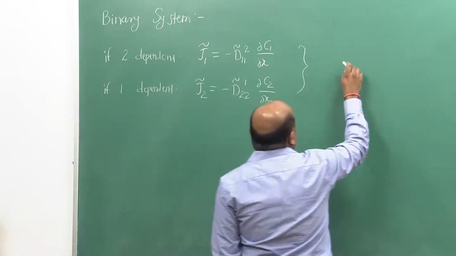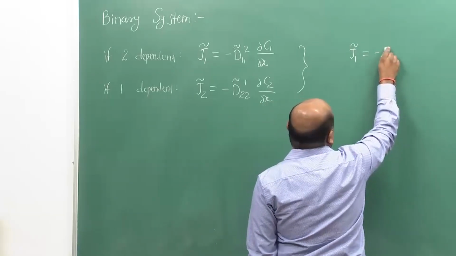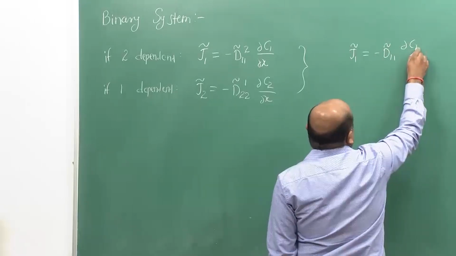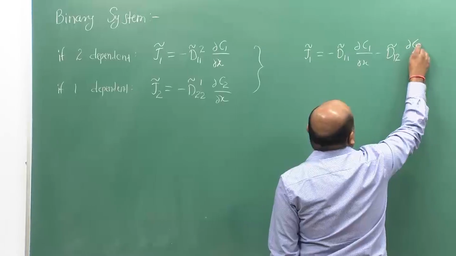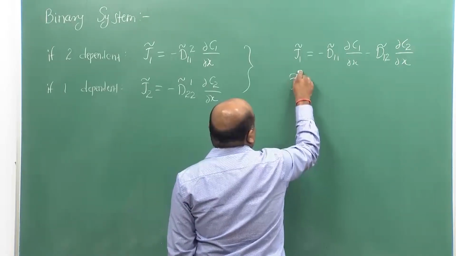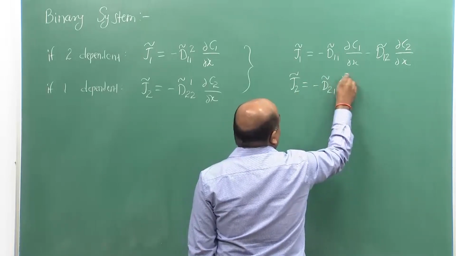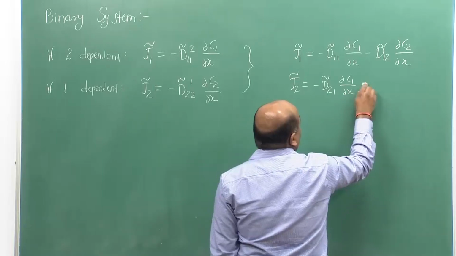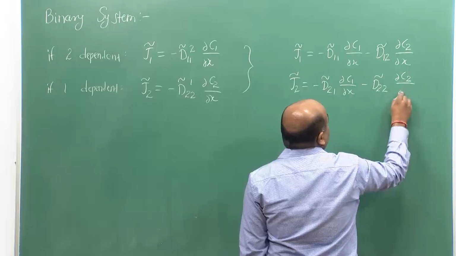In the original Onsager's formalism, we will write J1 tilde is equal to minus D11 tilde dou C1 by dou x minus D12 tilde dou C2 by dou x, and J2 tilde equal to minus D21 tilde dou C1 by dou x minus D22 tilde dou C2 by dou x.